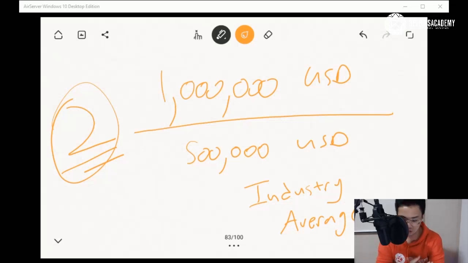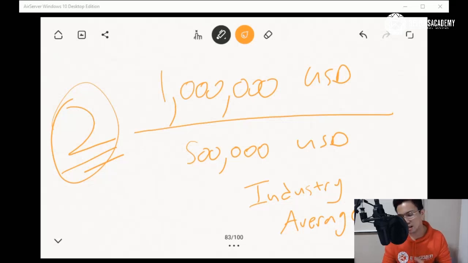Because in certain industries, cash flow might be slower, and in certain industries, cash flow might be faster. For example, in the fast-moving consumer goods industry, your cash flow will be very healthy because you buy, you put it on the shelf, you sell, you buy, you sell, and between the buying and the selling, the time taken is minimal. People just take it off the shelf and buy. So your cash flow could be healthier.